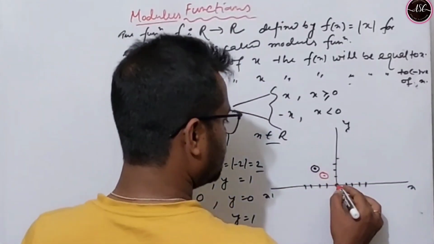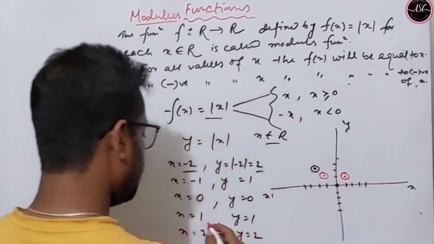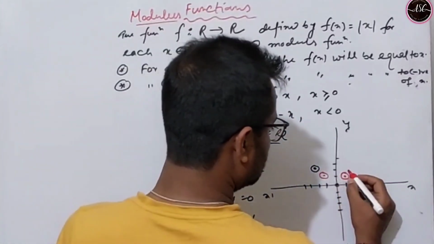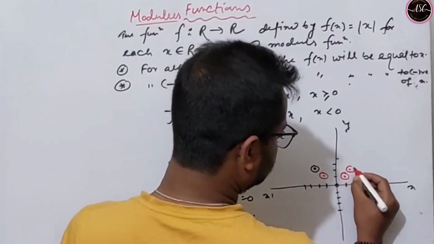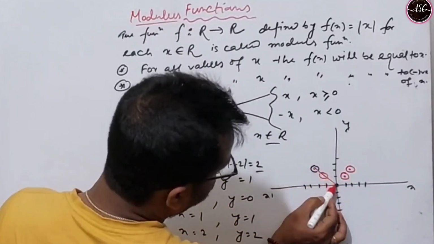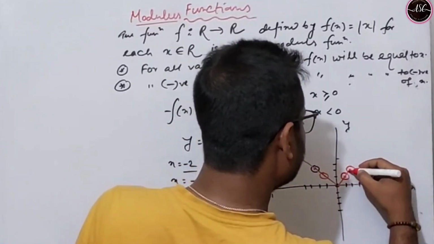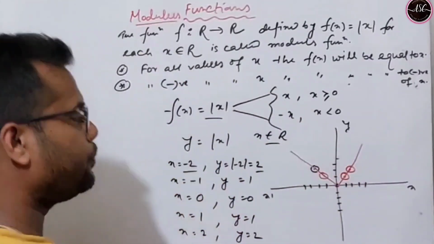Now 0, 0, that means this, and now 1, 1, this point. Then 2, 2, this point. So if we join these points, we get this type of graph.